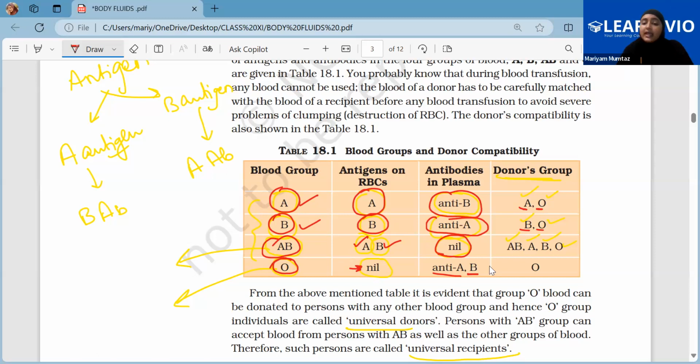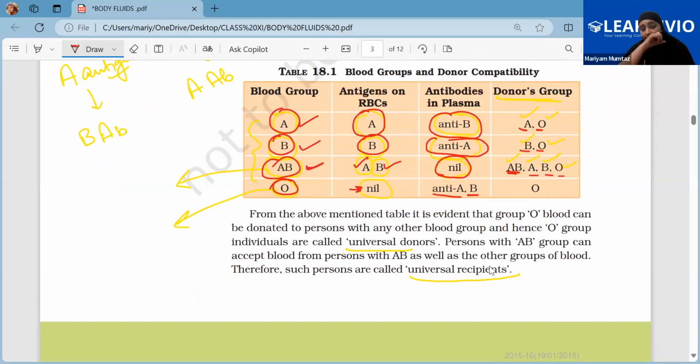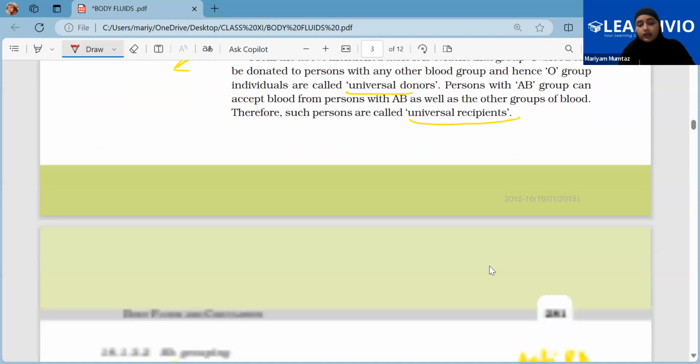Talking about the blood group AB, it can get blood donated from the blood groups AB, A, B, and O. So in terms of taking or donating blood, the AB blood group is known as the universal recipient because it can take blood from any blood group. And the O is known as the universal donor because it can donate to any blood group.